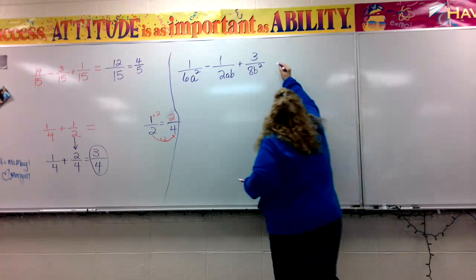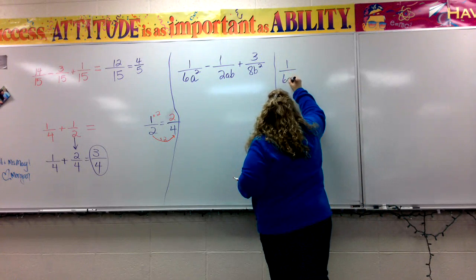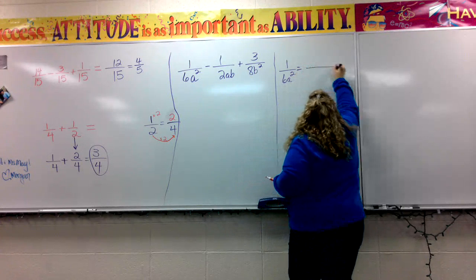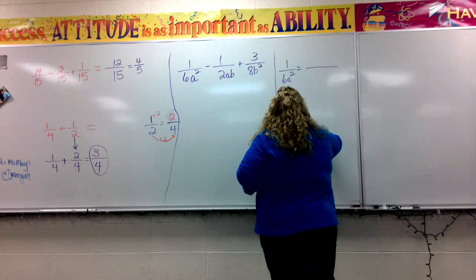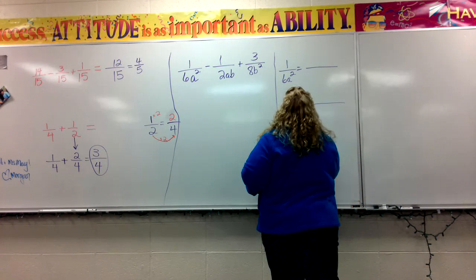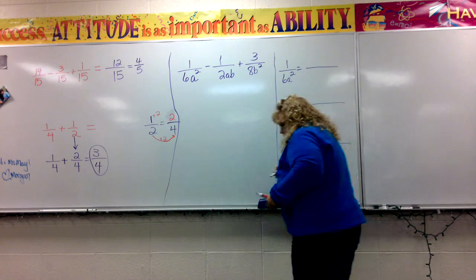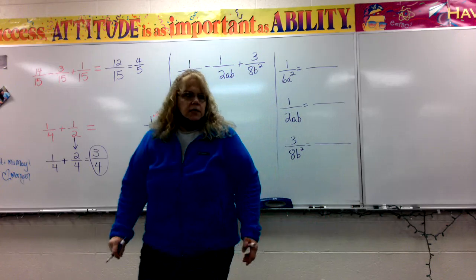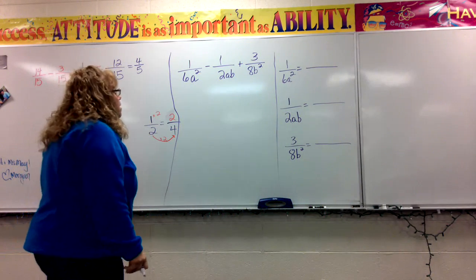So off to the side, somewhere off to the side, you're going to have all of these. And if you say, oh, I can do that in my head, I'm going to say no. No, you're going to show me this or you don't get credit. You know why? Oh, because I'm just that mean. You won't be able to do all these in your head.